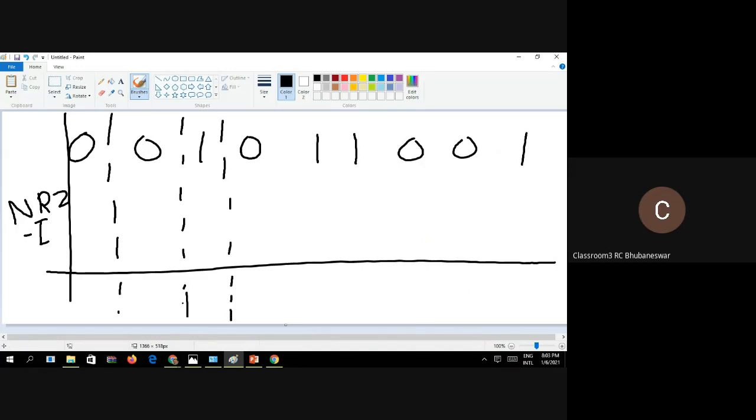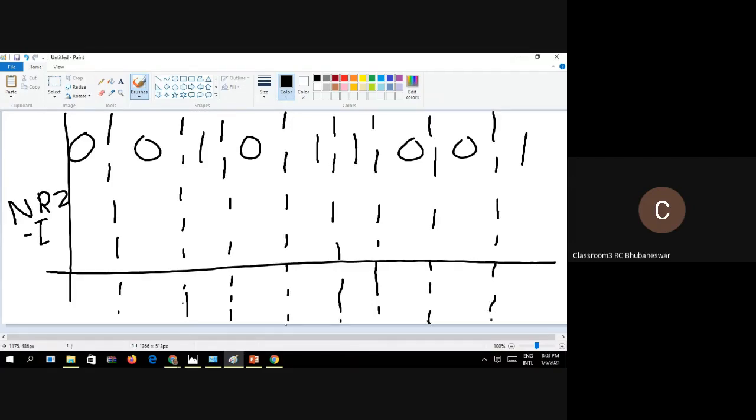This is very important. First you have to draw the bit interval, using the dash line I have to represent this one. So this is the time, x-axis. This is the amplitude, y-axis. Is it clear?